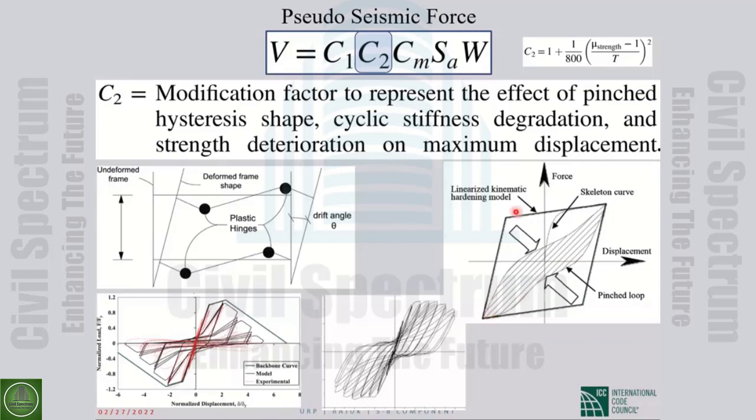Whether the hysteresis curve is good or bad depends on its detail. If there is pinching, what is pinching? Pinching is when we have some distances in the curve that are almost horizontal, where the slope is not much, almost zero or near zero.